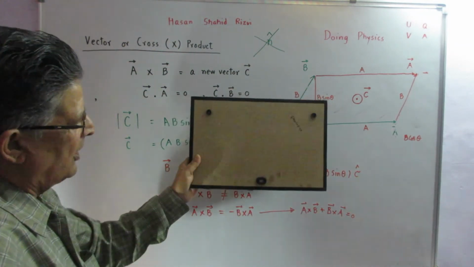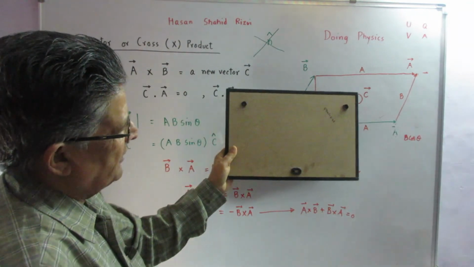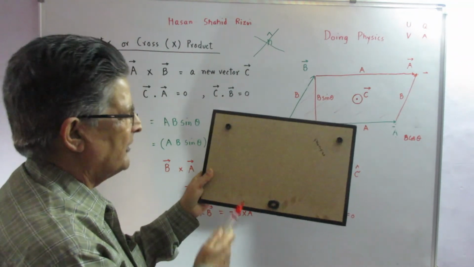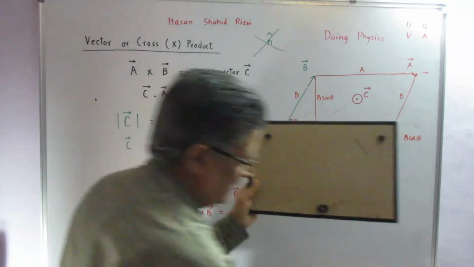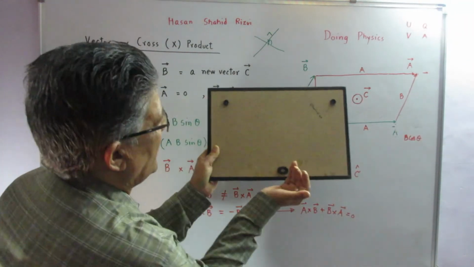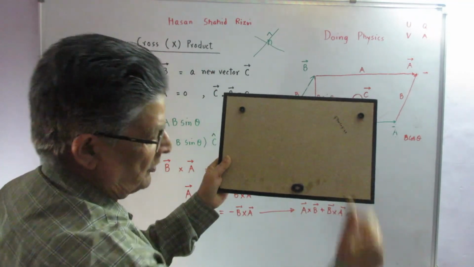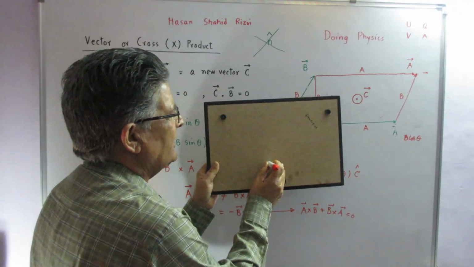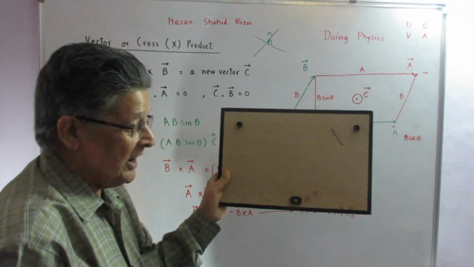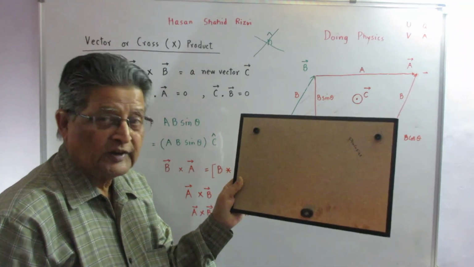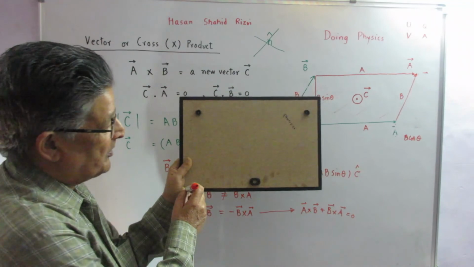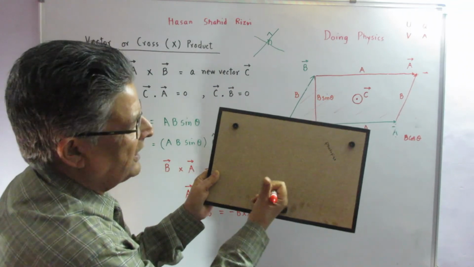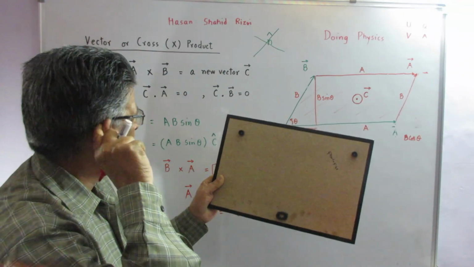If I multiply, this is my A and this is my B, and when I do A cross B, then what do I obtain? I obtain a vector C which is out of the board, and this is the normal. And look here, area is not a vector but surface area is a vector, which is obtained by a length cross another length, and this way we rotate it and then the C vector turns out.